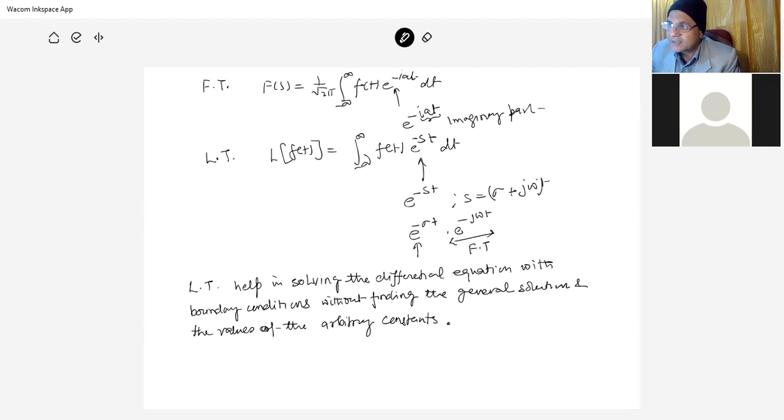So this one is the important feature of the Laplace transform over the Fourier transform.